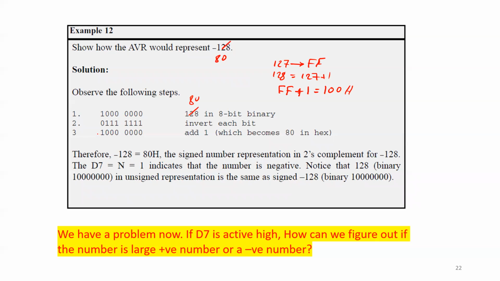It will be the same, but this time with a negative sign. So this is 80 hexadecimal, and it is the same as the positive representation. So here, guys, sorry, instead of writing 128, this would be 80, not 128. So this is minus 80.